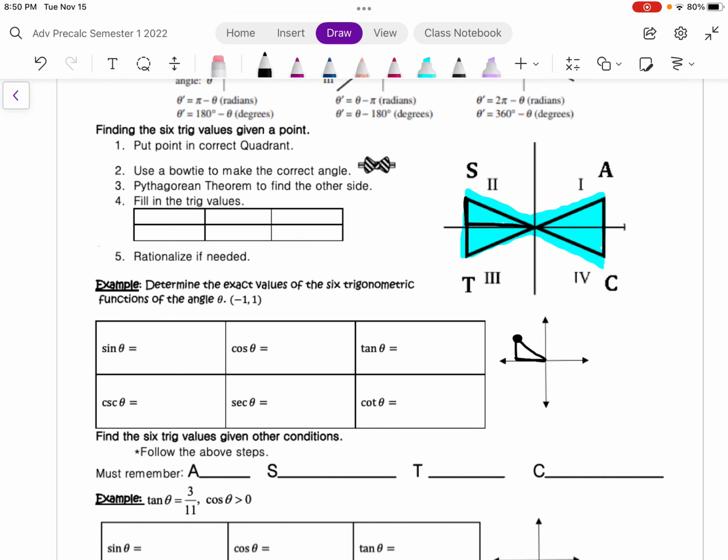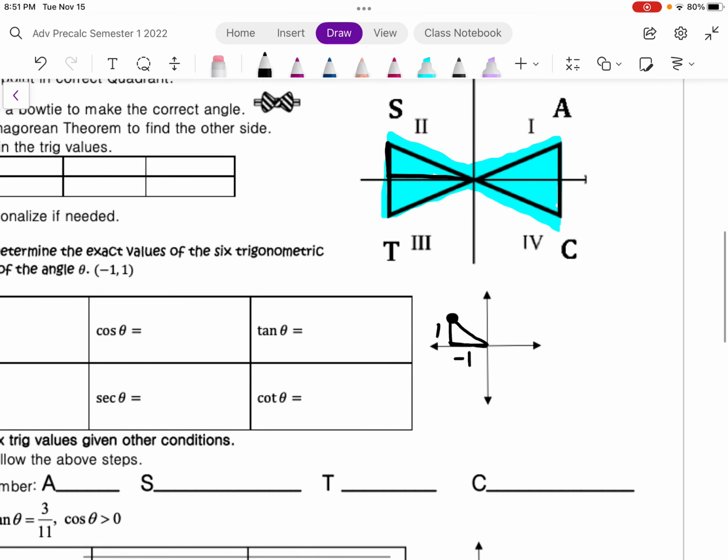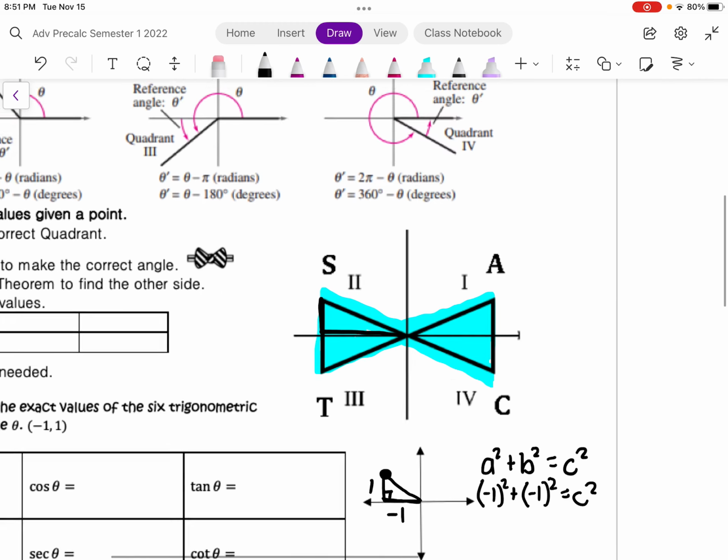All right. And then I know that the x value is -1 and the y value is 1. Recall your geometry skills. A squared plus b squared equals c squared for all right triangles, which this is. So I have -1 squared plus 1 squared equals c squared.